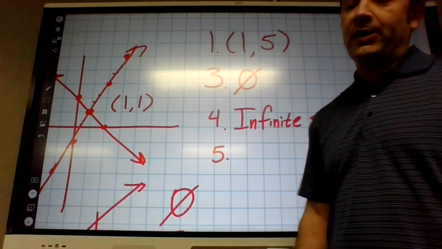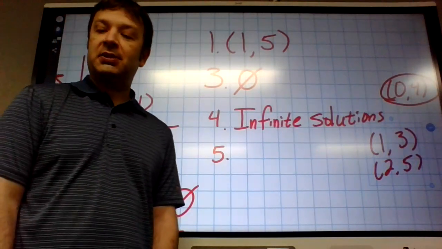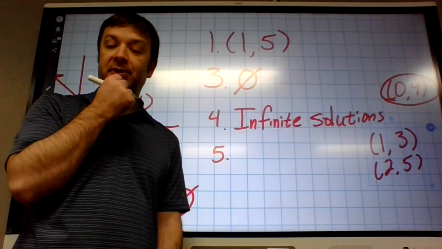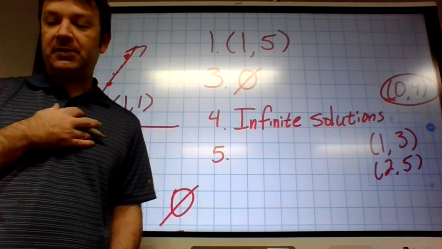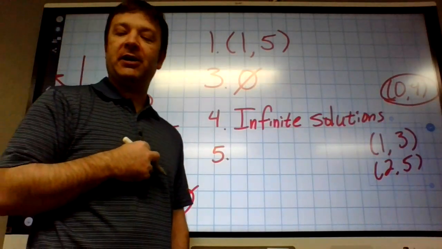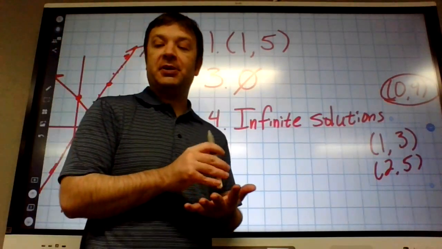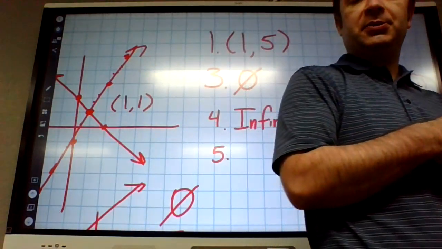Okay, number 5. Determine whether (-2, 5) is a solution to the system. What do you guys think that means? Right. Plug in -2 and 5. We've kind of done this before, but we haven't done it in this context before. You plug in -2 for x, 5 for y, and you see if it works.